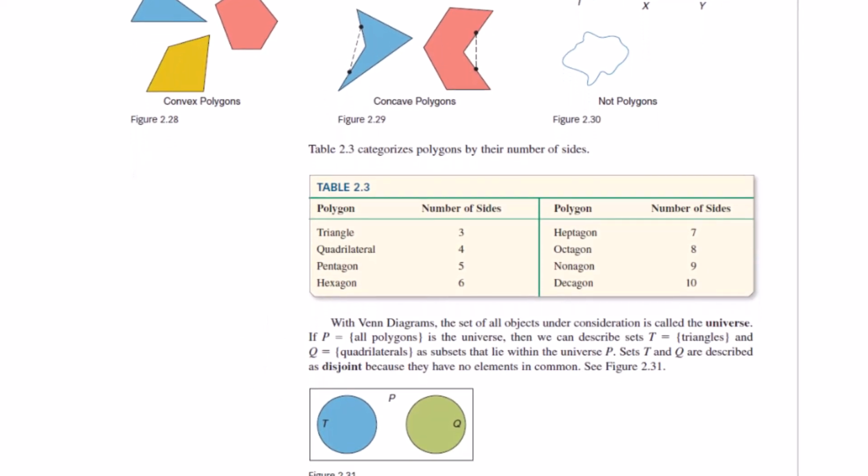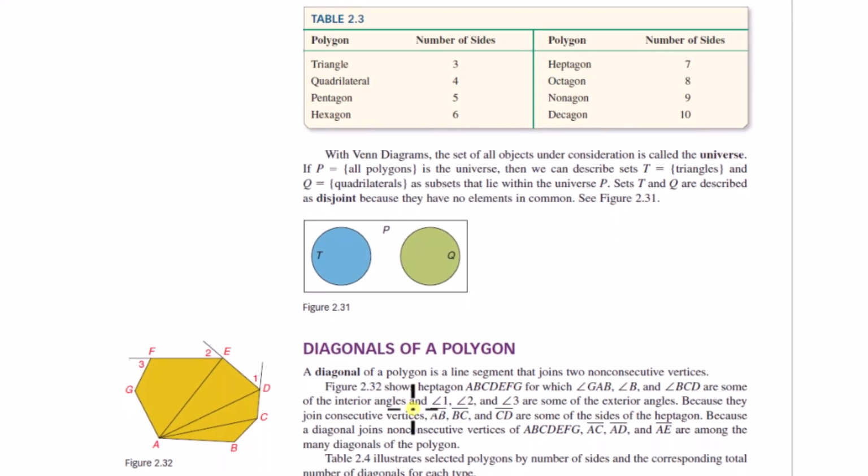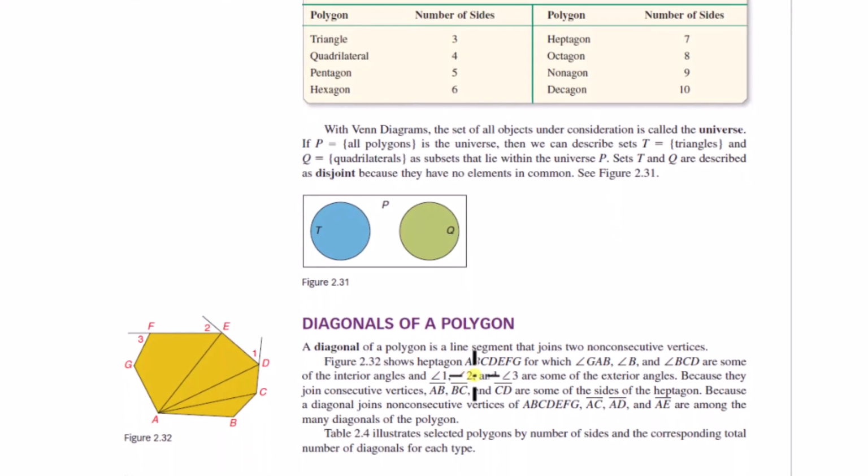Figure 2.32 shows heptagon ABCDEFG, so 7 sides, for which angle GAB, angle B, and angle BCD are some of the interior angles, and angles 1, 2, and 3 are some of the exterior angles.